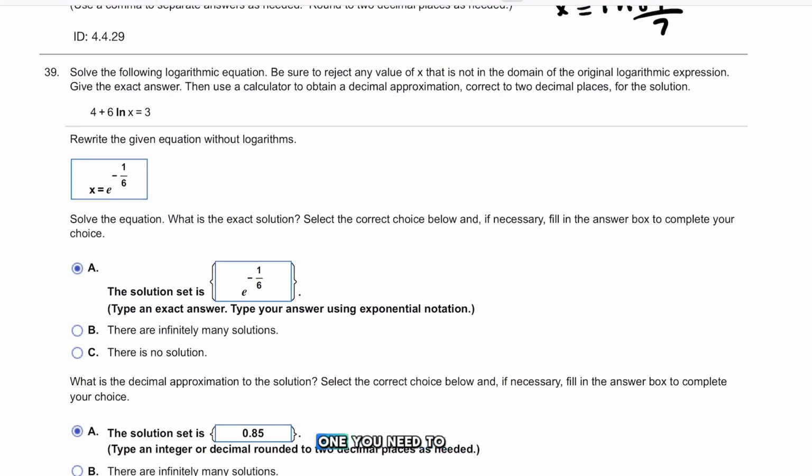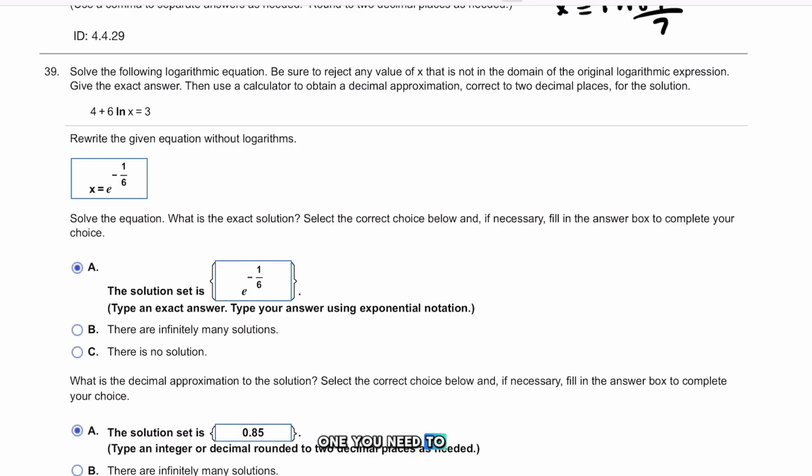And then for this one, you need to subtract 4 from both sides. So 4 plus 6 ln x equals 3. And then you get 6 ln x equals -1. Divide both sides by 6.